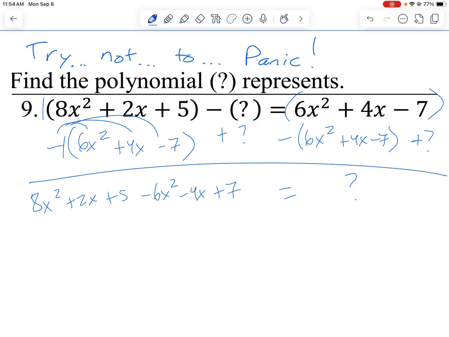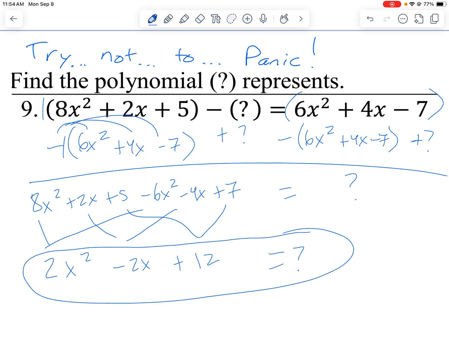Now I just need to combine like terms. Those go together, those go together, those go together. Now I have 8x squared minus 6x squared is 2x squared. 2x minus 4x makes negative 2x. And then 5 plus 7 is 12. That's going to be my resulting polynomial that would go right here. So I'm using my solving skills, just moving things around on each side of my equation to get, well, question mark all by itself.